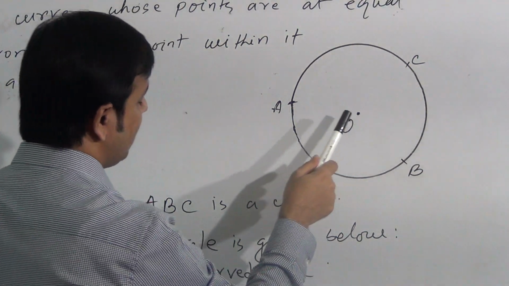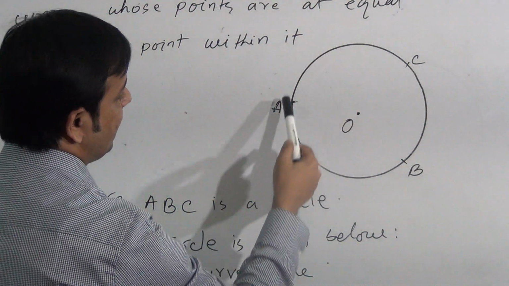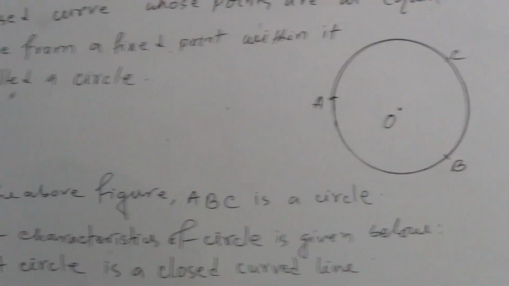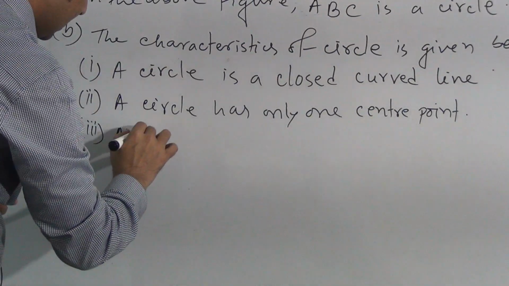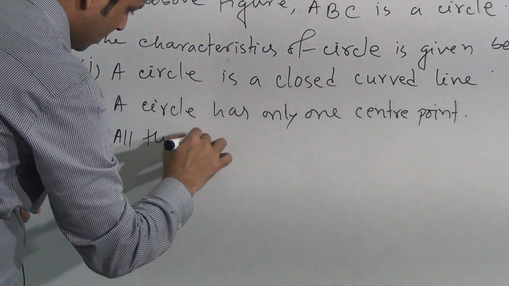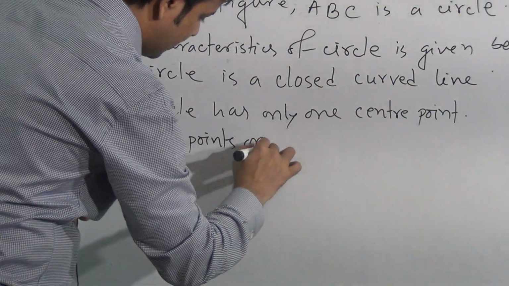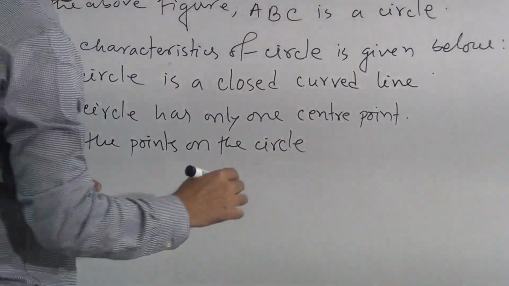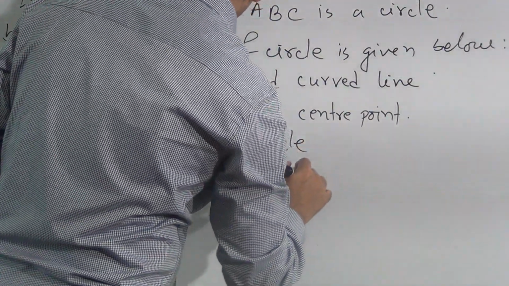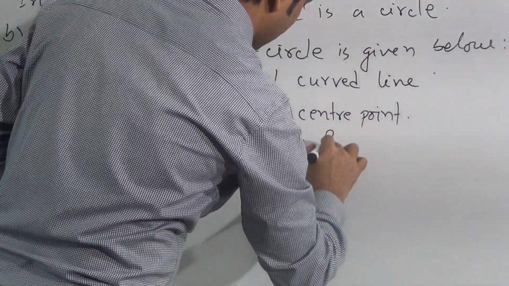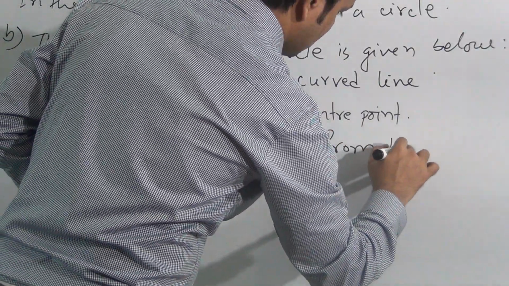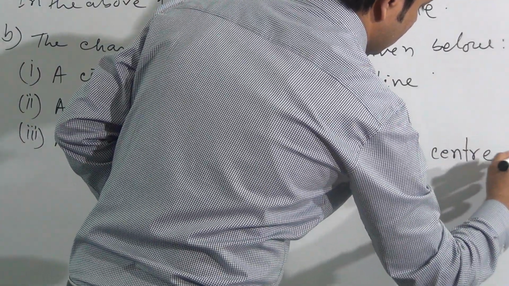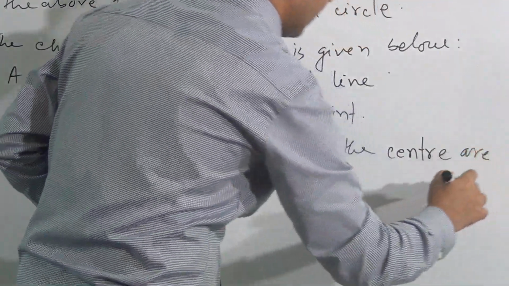It means that all the points on the circle from the center are equidistant. So you can write all the points on the circle from the center are equidistant.